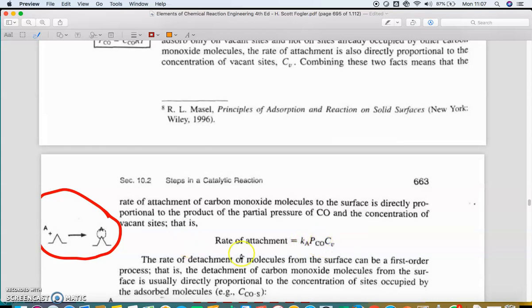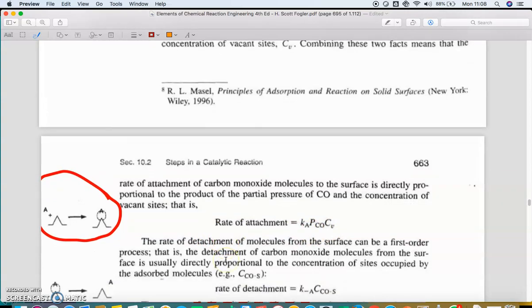PCO is used because carbon monoxide is a gas, so in the gas phase we describe it in pressure form. The reactant will go to the vacant site; it will not go to the occupied site. So PCO times CV. This is the rate of attachment.